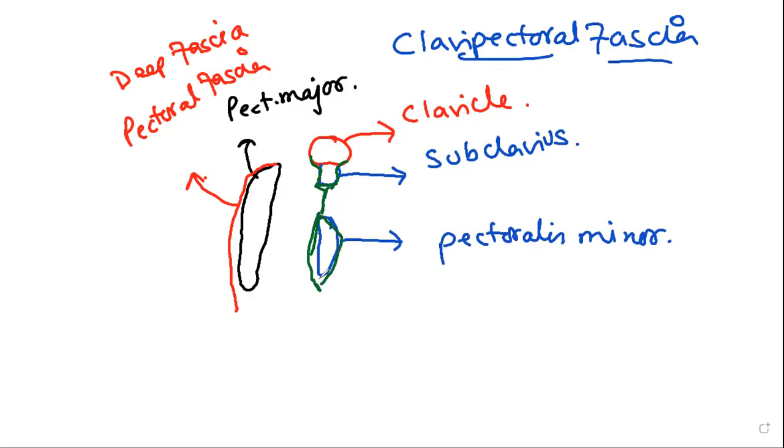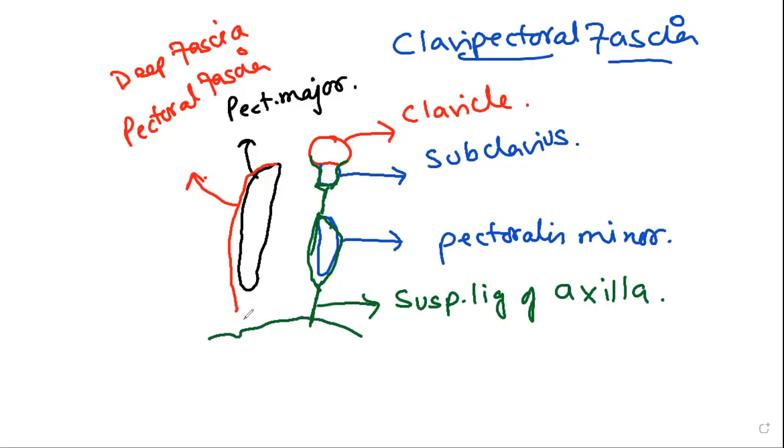And now it is going downward and forming this ligament here. This is known as the suspensory ligament of axilla. And now it is going to merge here with this fascia. This fascia is known as axillary fascia. So this is your clavipectoral fascia.